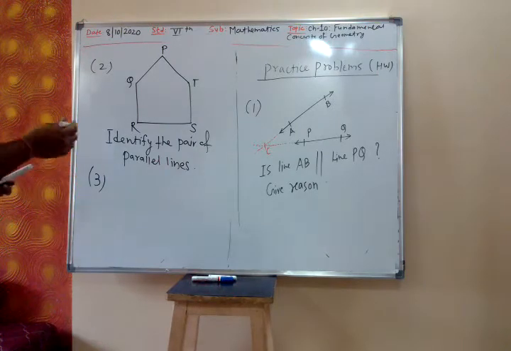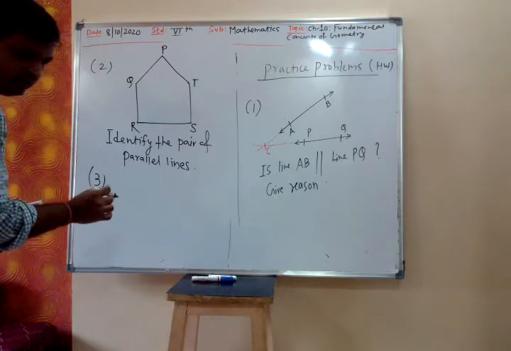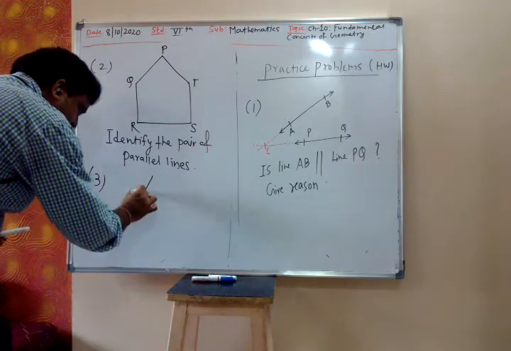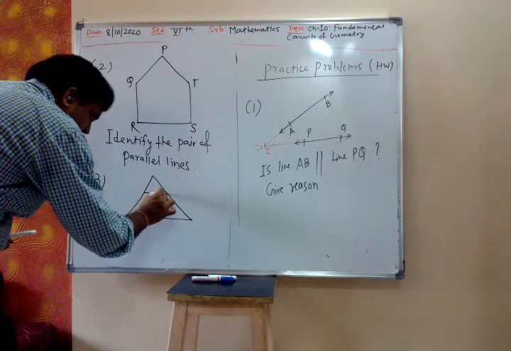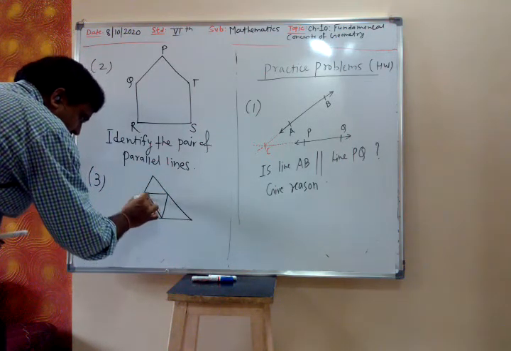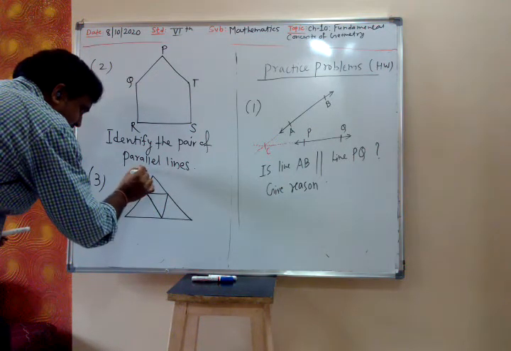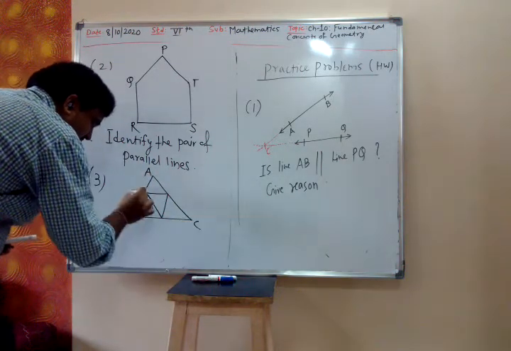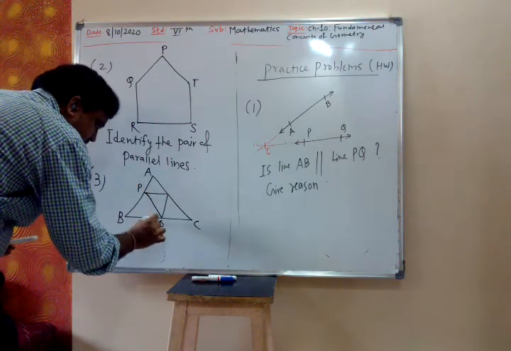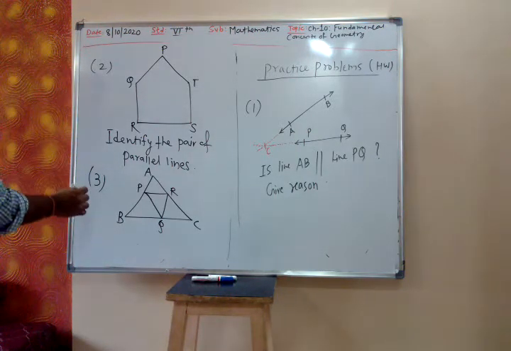Now let us take another. We are given a triangle. In this bigger triangle we have a smaller triangle. You can take the bigger triangle as ABC and the smaller triangle as PQR. Right?